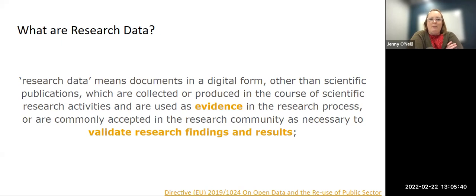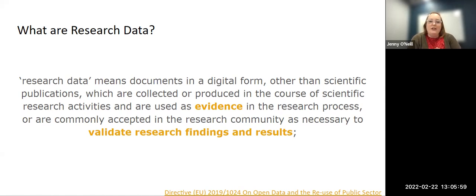So there's a couple of things I want to pull out here. So really when we're talking about managing your research data, it's the digital data that you're generating that we're thinking of. Some of you may be working with physical samples, but from the perspective of data management, we're really thinking about the digital data that you're generating.